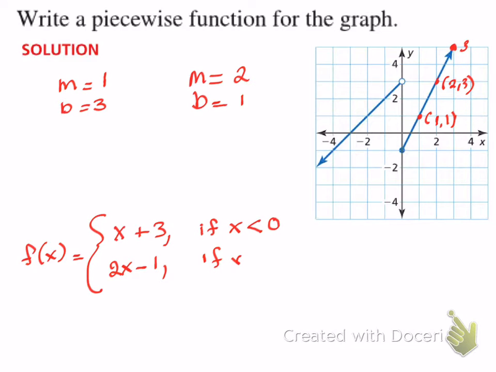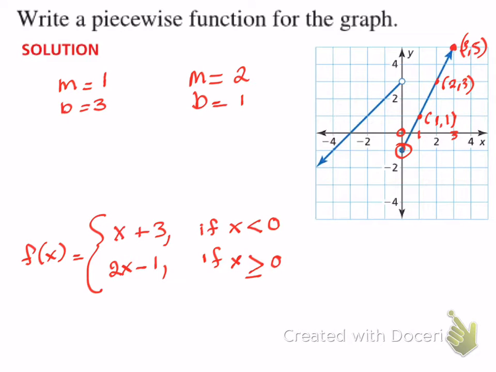Let's see, 1, 2, 3, up 1, 2, 3, 4, 5. So it's going to be 3, 5. You will see all of my x's are greater than or equal to, because this is filled in, and we're going to say that is actually where my 0 is. 0, 1, 2, 3. So we're going to say x is greater than or equal to 0.